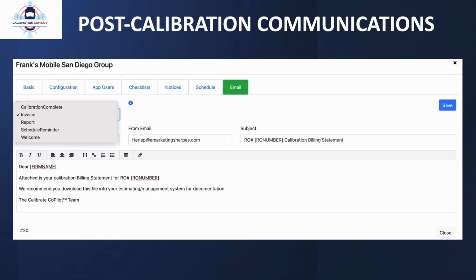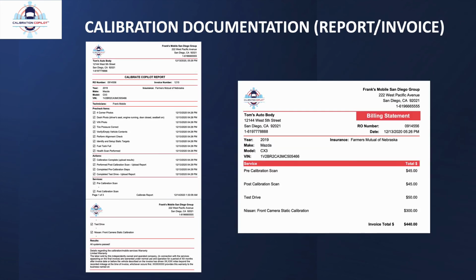Upon completion of the work and your technician completing the final acceptance, the Calibration CoPilot platform will auto-send a detailed report and an invoice to your customer via email. Here's an example of a detailed report and invoice. You will notice on the detailed report that every completed step is time and date stamped. Really detailed documentation for calibrations.